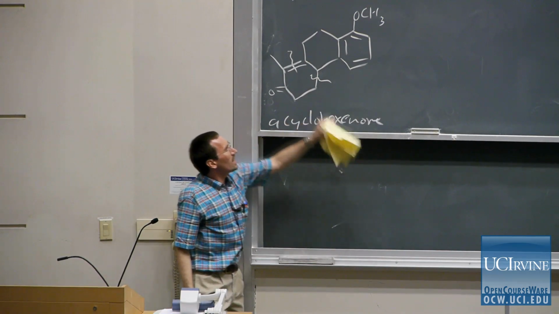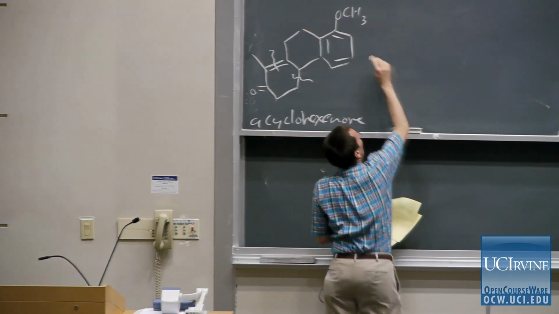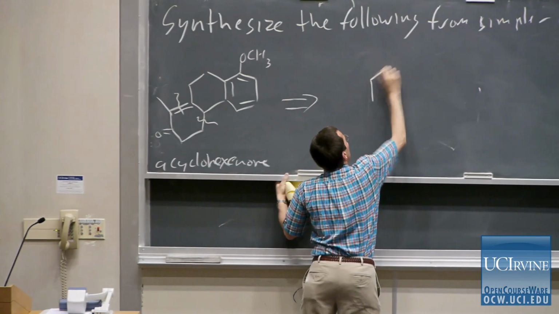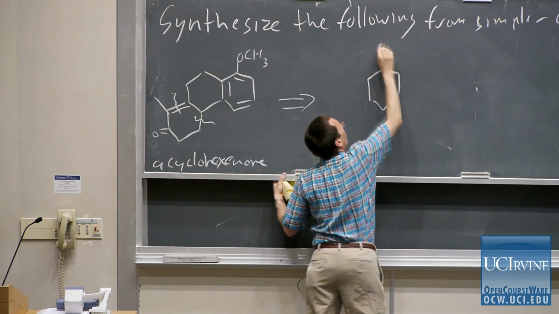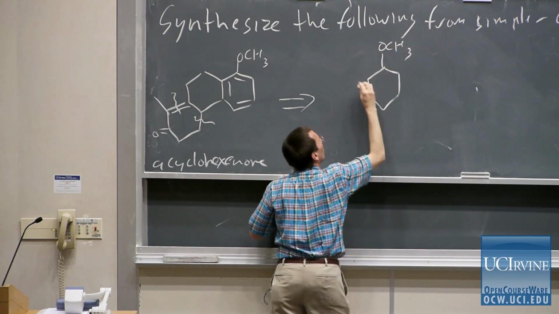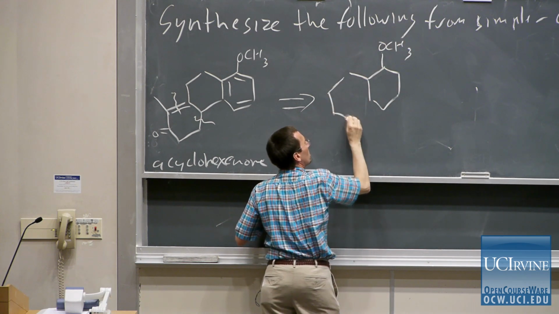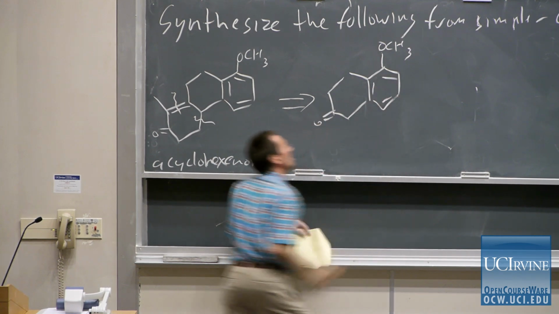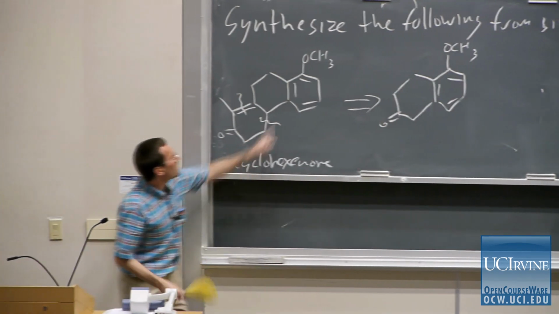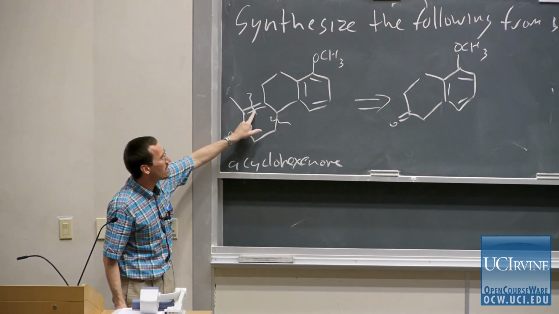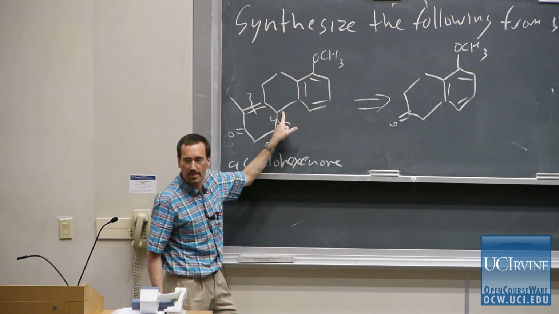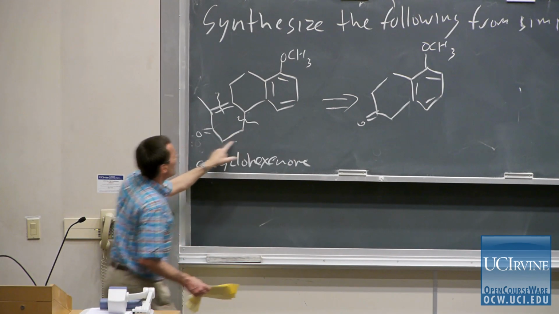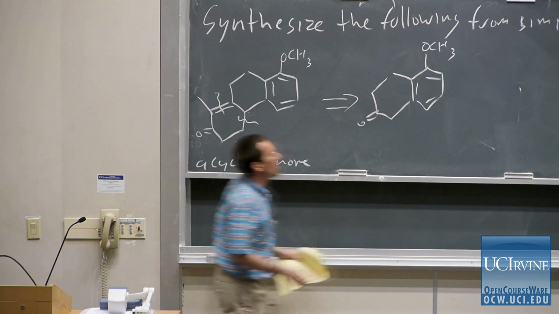And so I look and I say, all right, thinking backwards, where does that get me? Well, that's going to get me to this ketone here. Yeah, this is hard the first time around. That's going to get me to this ketone over here. That's going to be this half of the molecule. And it's going to get me to this enone.